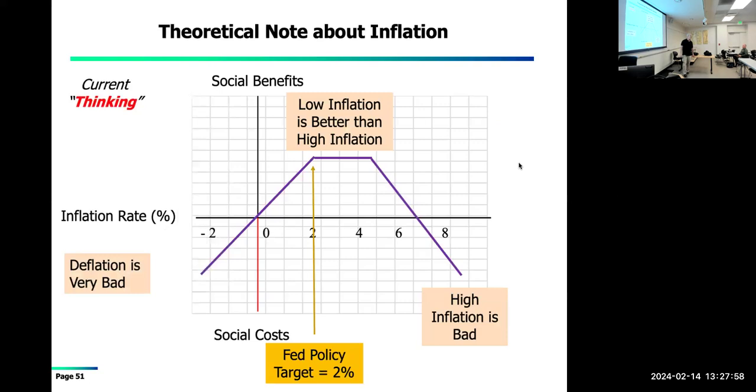And the thing to know about inflation, and this is something that people really don't get. First, deflation in a modern capitalist economy with borrowing and lending going on, you don't want to experience it. Why?